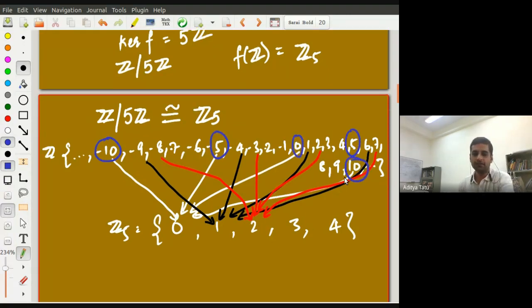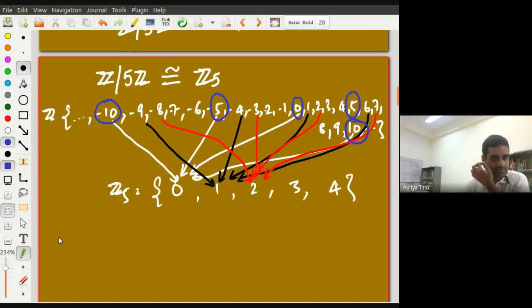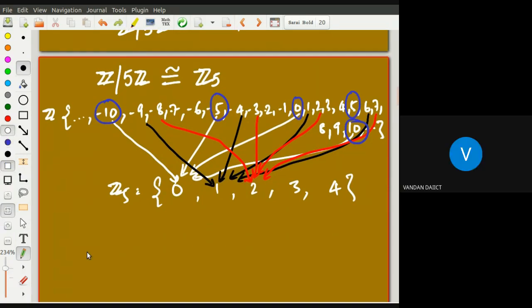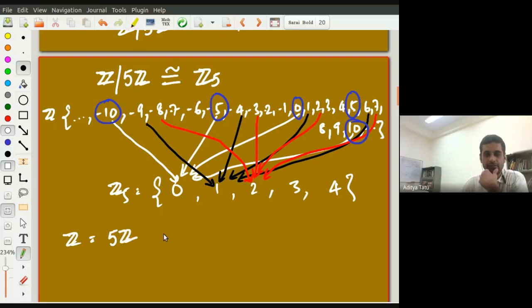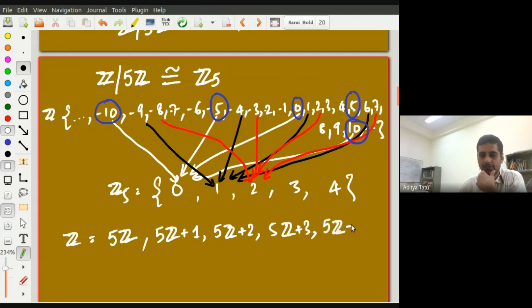And what are the different cosets going to be in Z? 5Z, 5Z plus 1, 5Z plus 2, 5Z plus 3, 5Z plus 4.